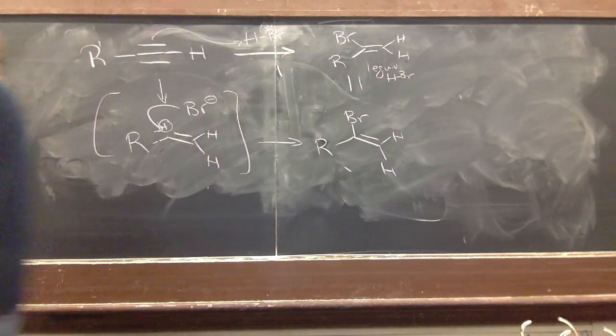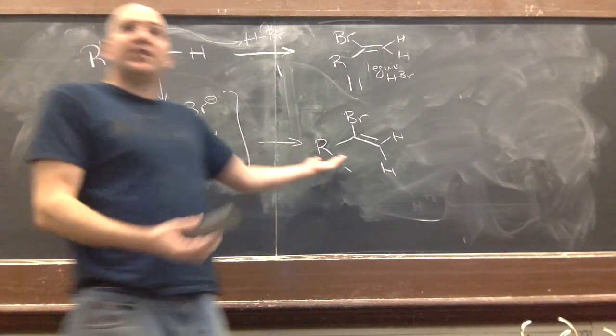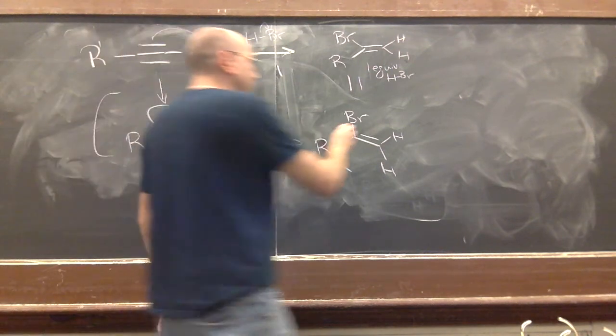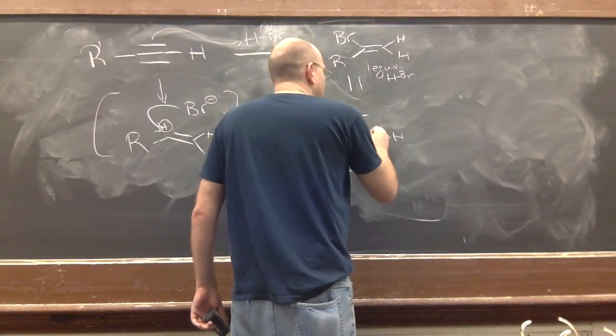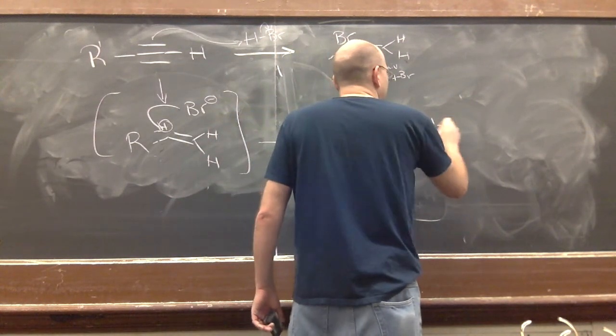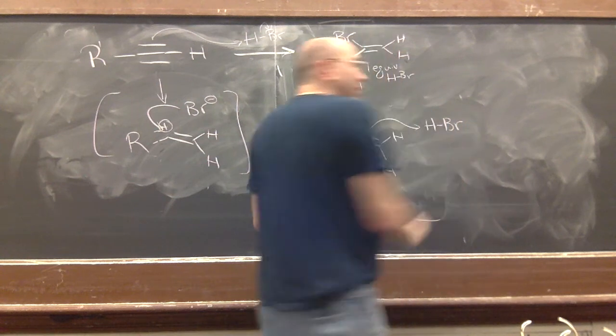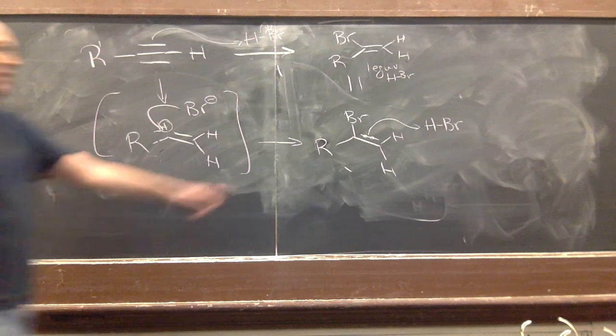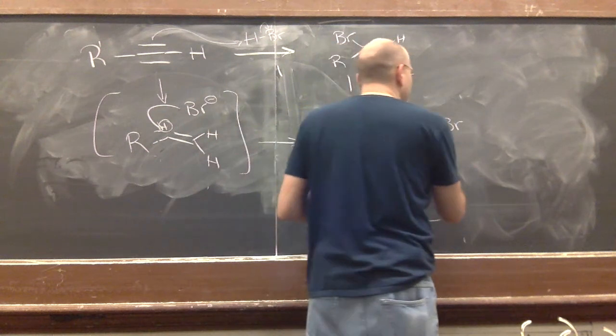If you have a second equivalent of HBr, what can happen? We still have our alkene there, so we still have something that can react with the acid. So these electrons will react with HBr. Again, the analogy that we drew with the enol ether here is that we're going to protonate this carbon.